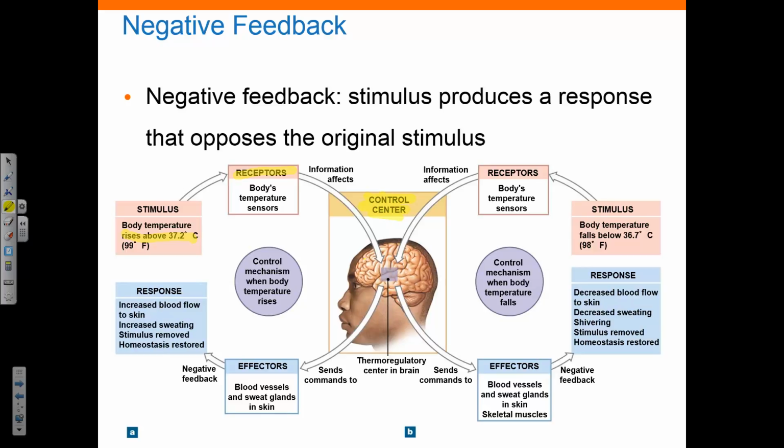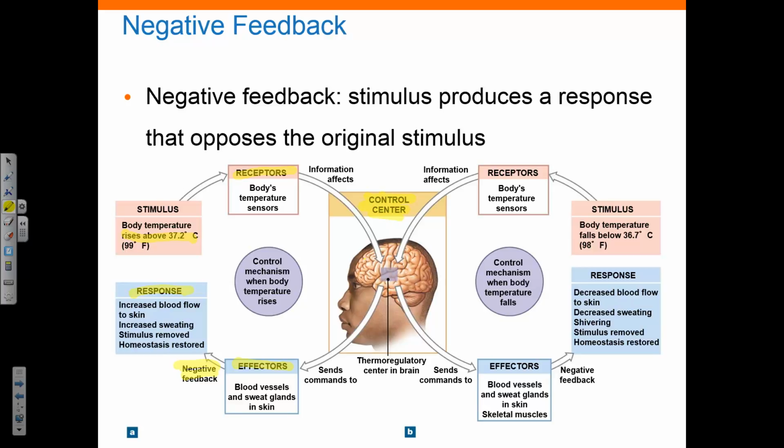A command to effectors, in this case the smooth muscles found in blood vessel walls, and sweat glands will be sent. These commands will instruct the blood vessels to dilate, bringing the blood flow to the surface, and increase sweat gland activity. Both of these responses will bring about a lowering of body temperature. Thus, opposing the original stimulus, and homeostasis will be restored.